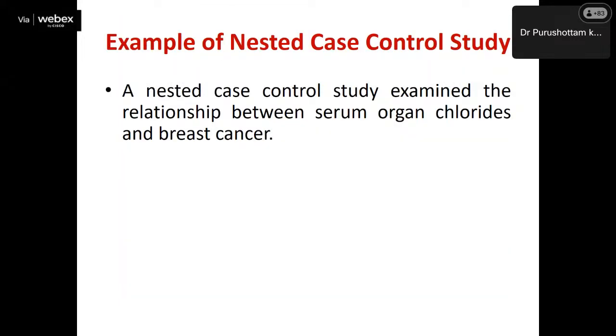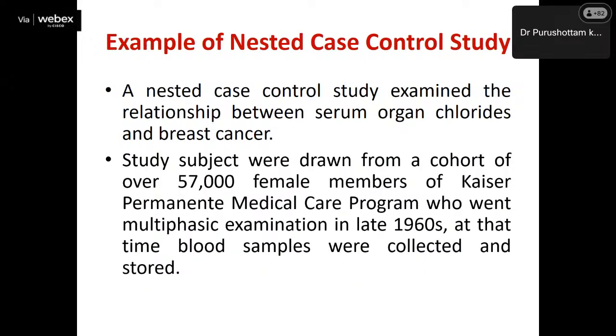A nested case control study examines the relationship between. This is just an example. There are 2 or 3 examples. This is the first one. A nested case control study examined the relationship between serum organochlorides and breast cancer. What is the effect of organochlorides on breast cancer?